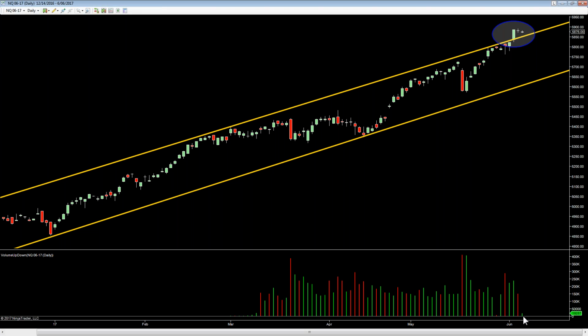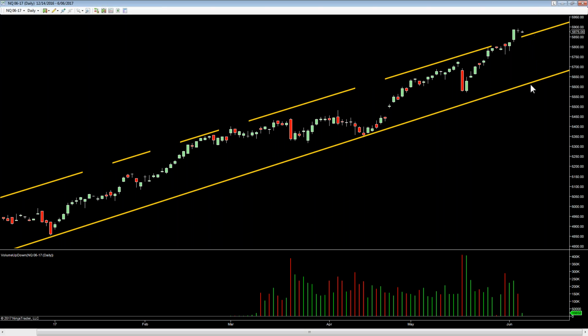That's what you would consider normal for a tiny little bar. There's a lot of contracts exchanging hands in a market that's not going anywhere. So that's giving me pause also.